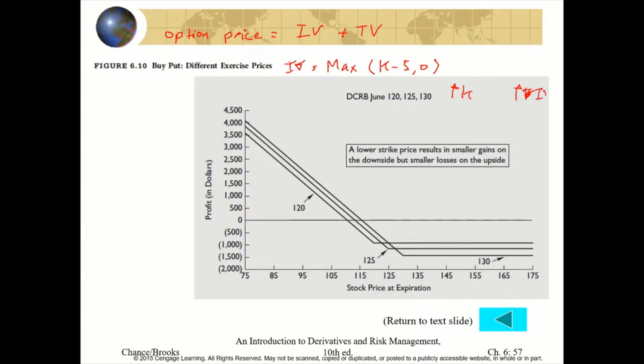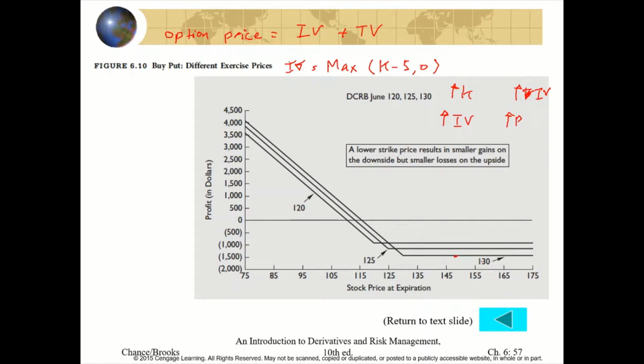And assuming the time value is not going to change, the premium for the option will also increase. What does this mean? It means an option with the highest strike price will cost me more than the option with the lowest strike price. Is that what we are seeing here? Well, yes. So look at here.